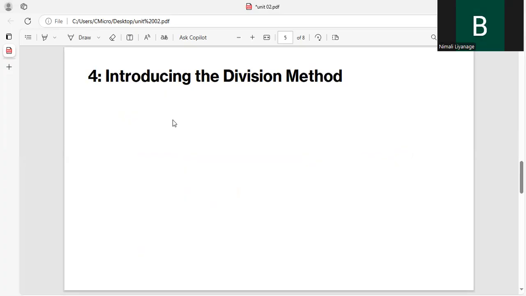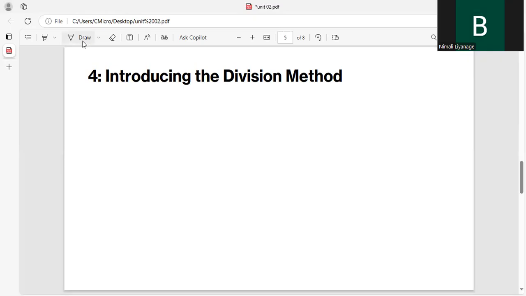Now let's learn a more precise method to find square roots. The division method is a more precise method. This method works for any positive number. Our previous method is not user friendly for some numbers, but this method works for any positive number, whether it is a perfect square or not.